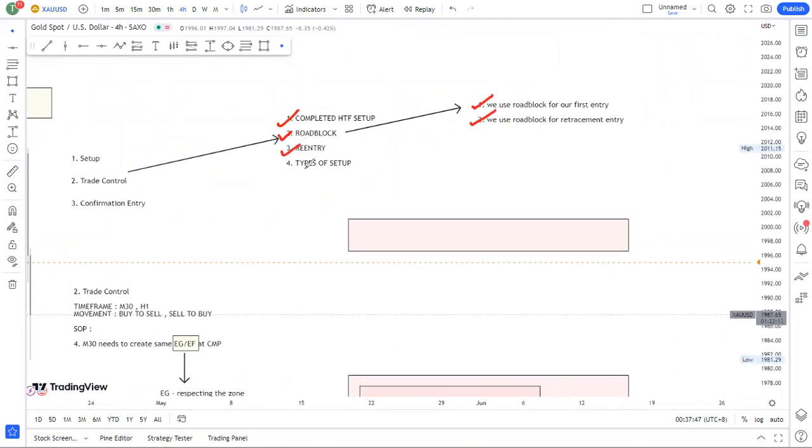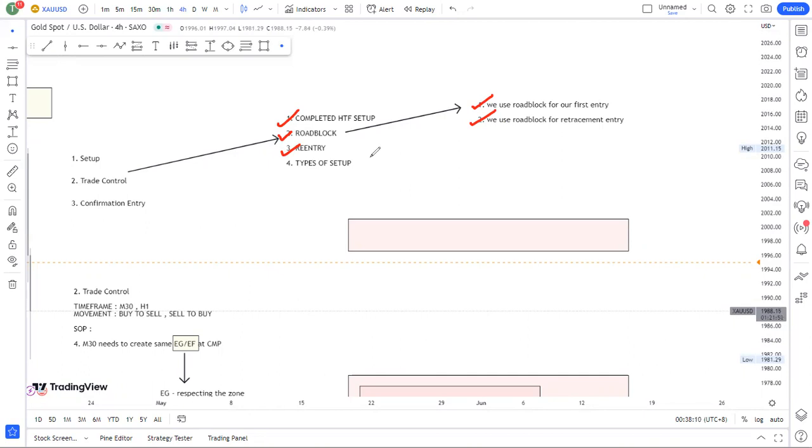Talking about types of setup. Indirectly, you already know the types of setup. Number one, we have the completed high time frame setup.